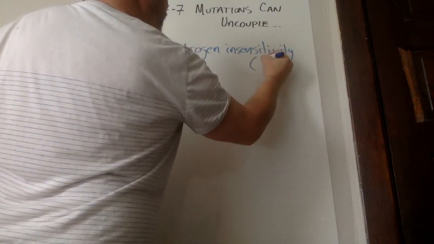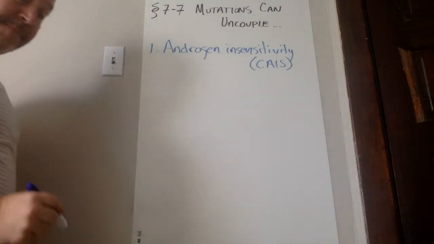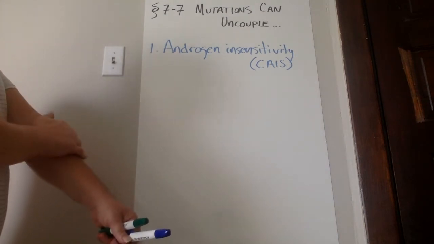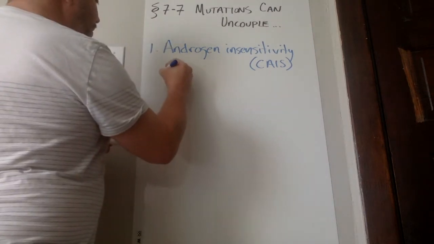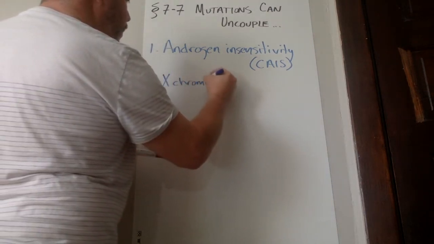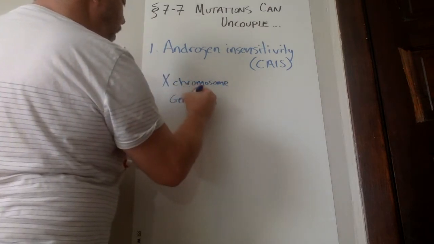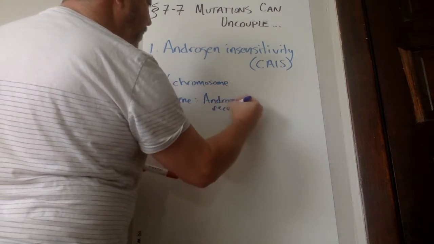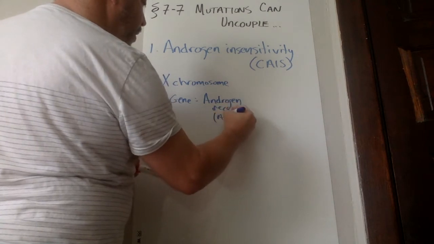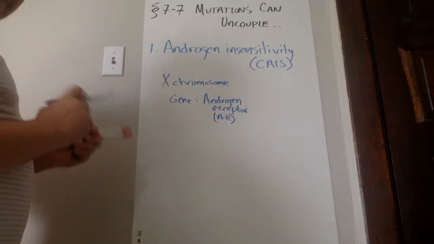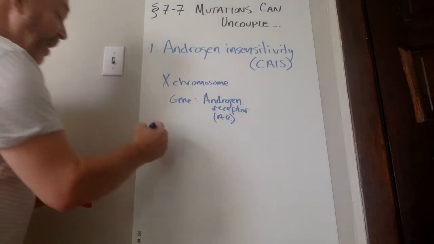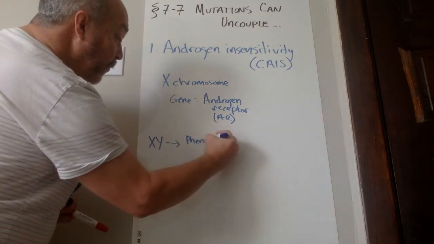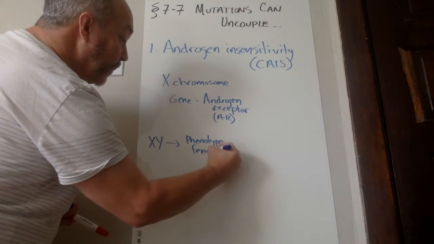On this one, we actually have the interactions of the X and the Y. On the X chromosome, there is a gene for the androgen receptor. This is called the AR gene. If this gets mutated, then an individual who is XY will actually be phenotypically female.